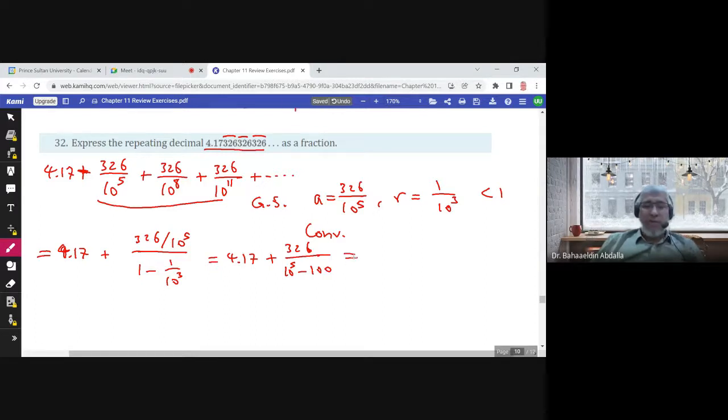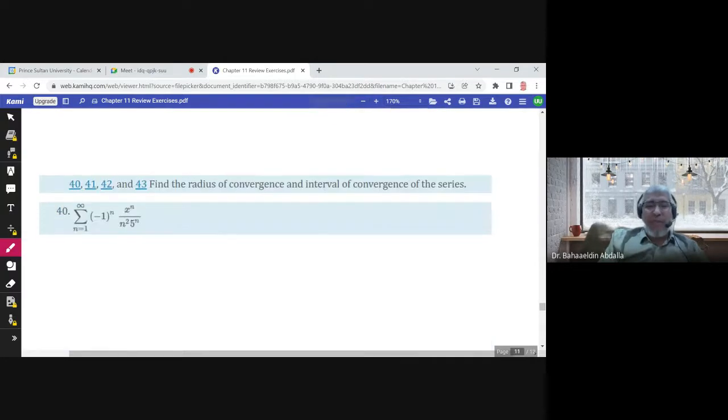So if I just add these two using the calculator, I will have the number 416,909 over 99,900. So we wrote this number as a fraction by writing these repeating decimals as a geometric series.